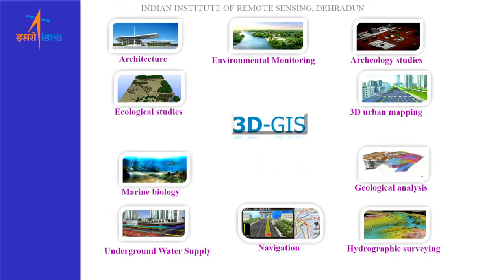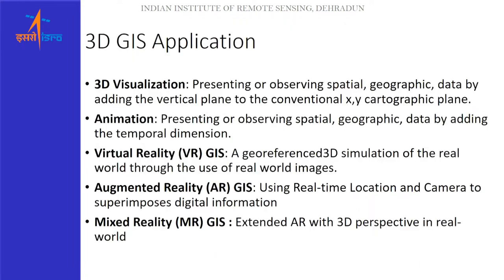It provides a lot of capabilities for navigating through different web maps and doing some preliminary analysis, like placing a few models generated as part of architecture, and visualizing the landscape and so on. So it can be used for different planning purposes. 3D GIS now has a variety of areas where we can use it.